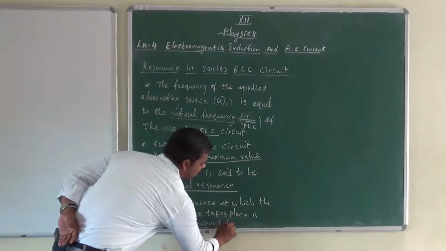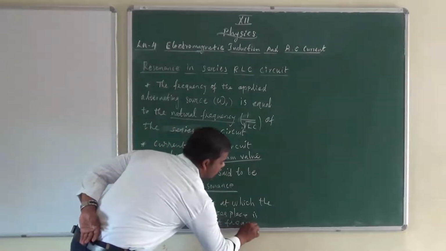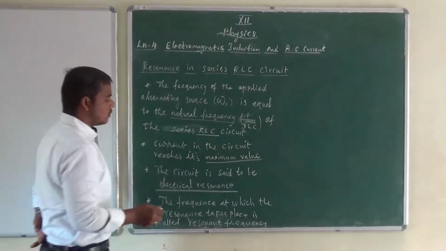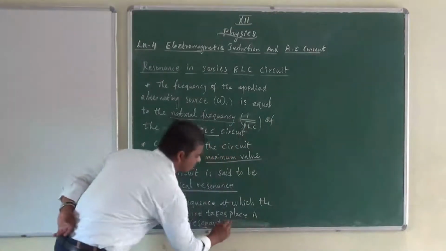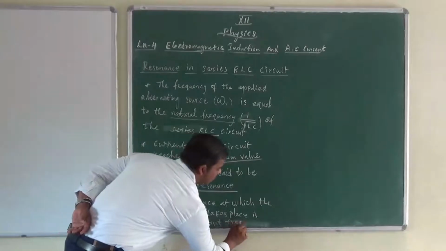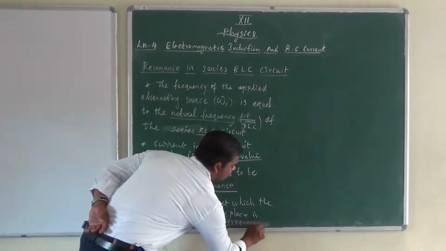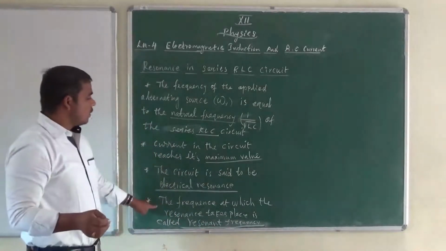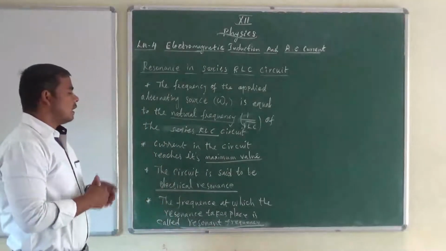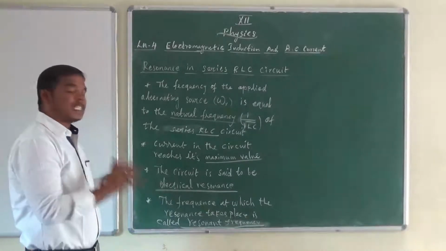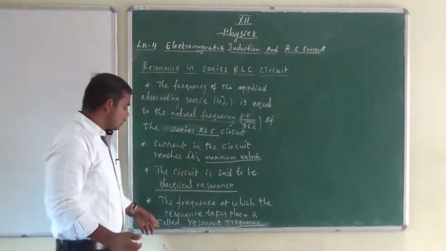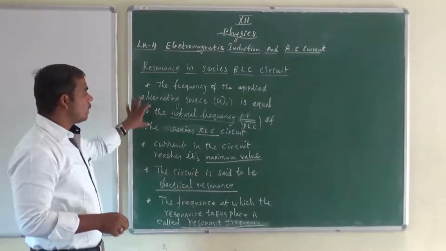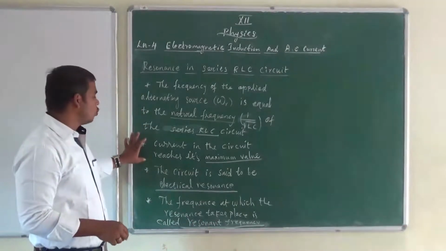Resonant frequency. What is that? Underline that. So the frequency at which the resonance takes place in the circuit is called resonant frequency. So 2-mark questions.